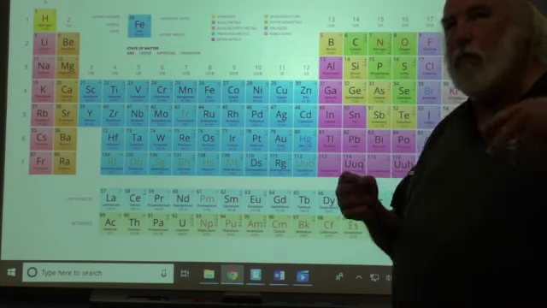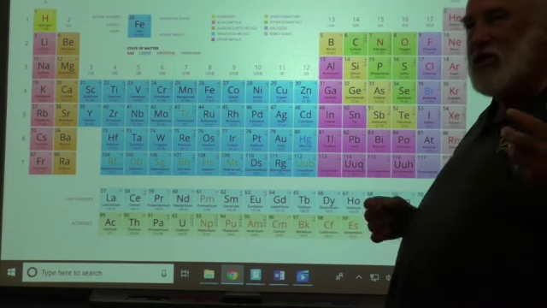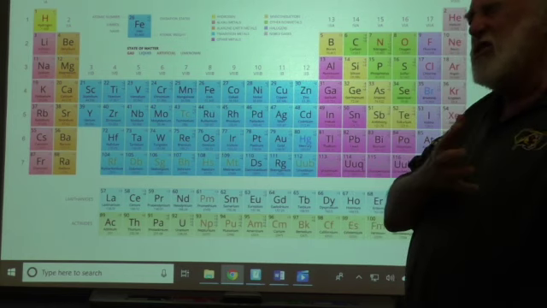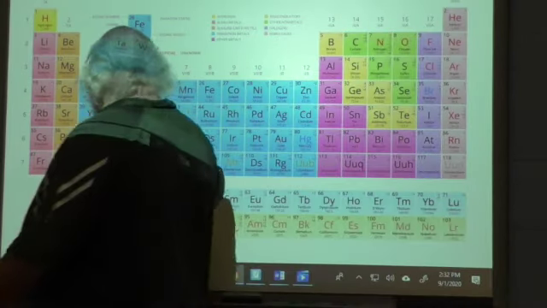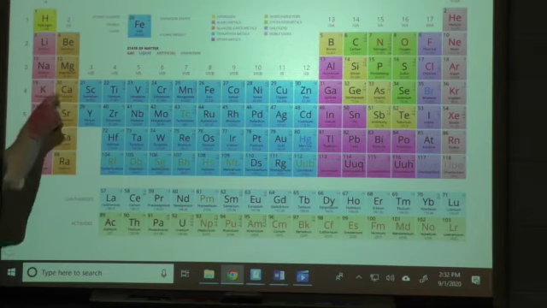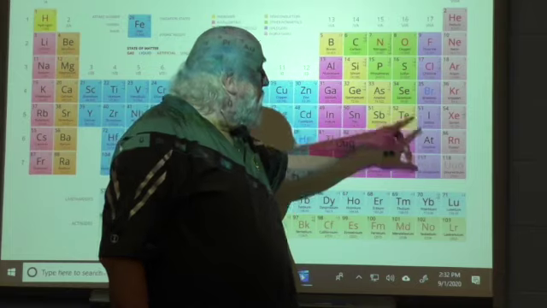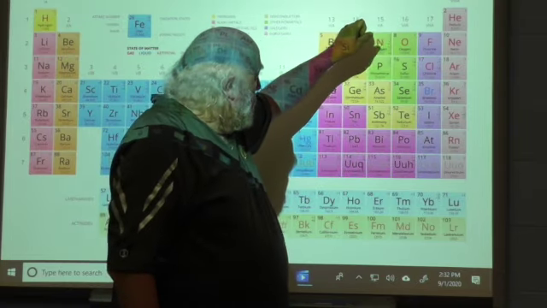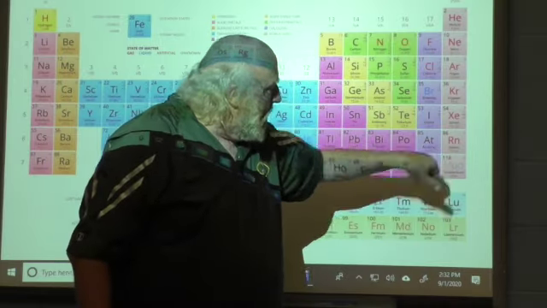The example of where they kind of match up, but there's some inconsistencies in there, or it doesn't make sense why they gave them the letters they did. The best example of that is Ra, which is radium, over here in column 2, and over here in column 18 or 8A is Rn.